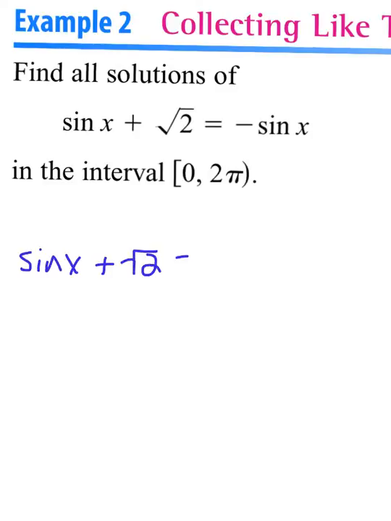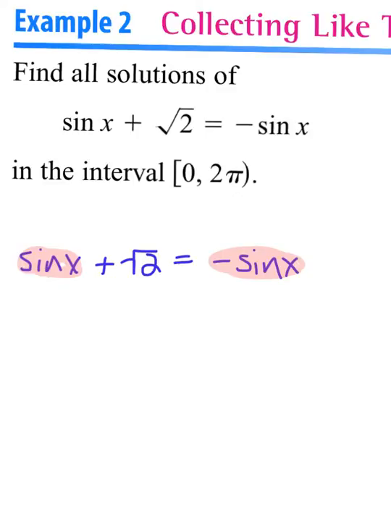So if I have this equation, sine of x plus root 2 equals negative sine of x. Guys, if this was just a normal problem, it said x plus root 2 equals negative x, you want all of your x's on one side. I want all of my sine of x's on one side. There's a couple ways you can do this. What can I do? Okay, I can move negative sine to the left and root 2 to the right.